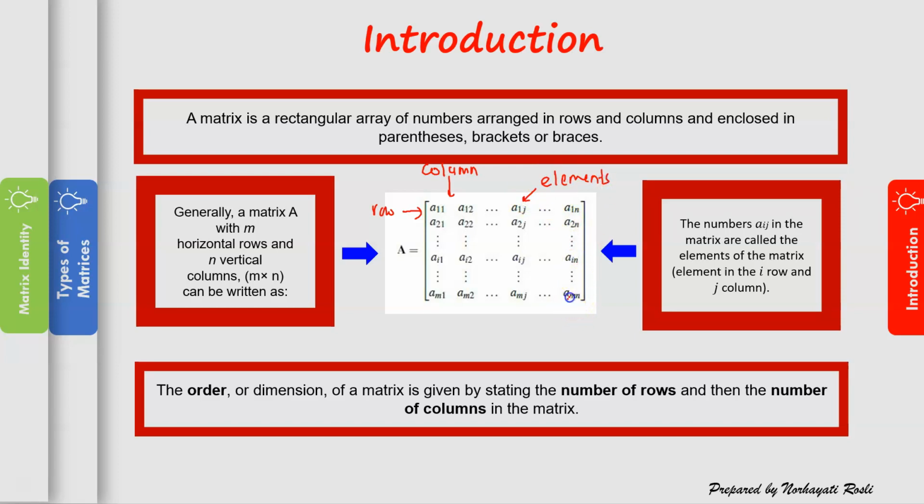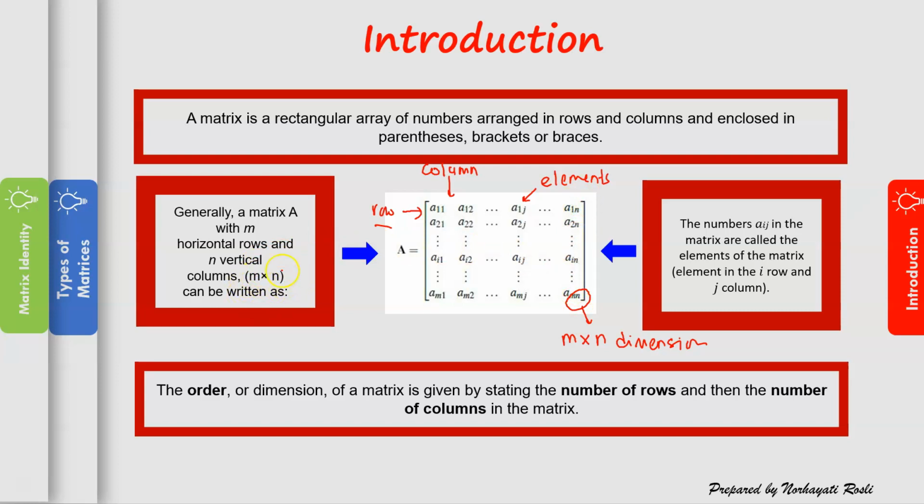And then if you see here you have m, n, it means that this matrix has m times n dimension. So this m, n will give the dimension of the matrix. Generally, a matrix A with m horizontal rows and n vertical columns, so we have n columns, is denoted as m times n.